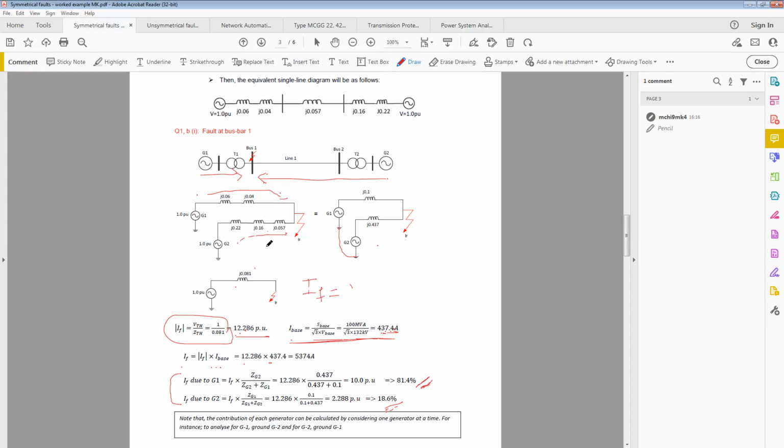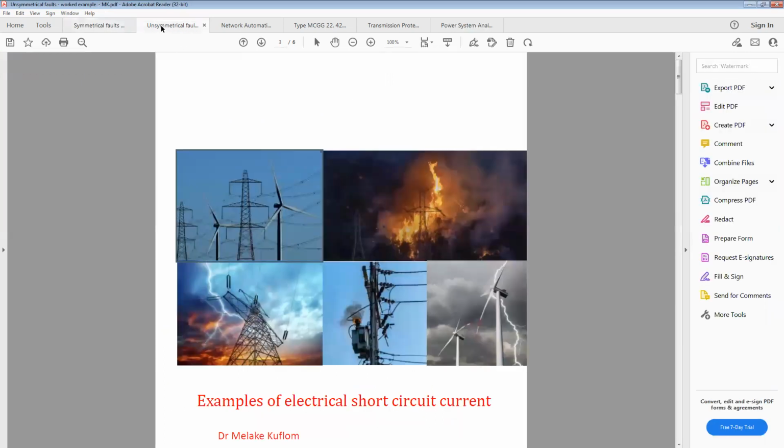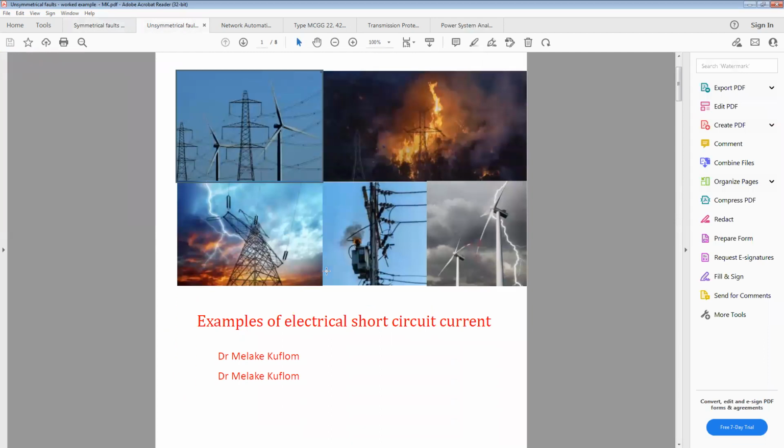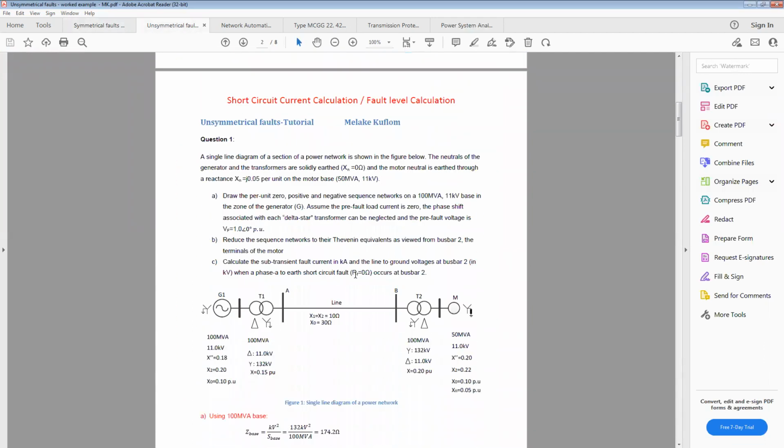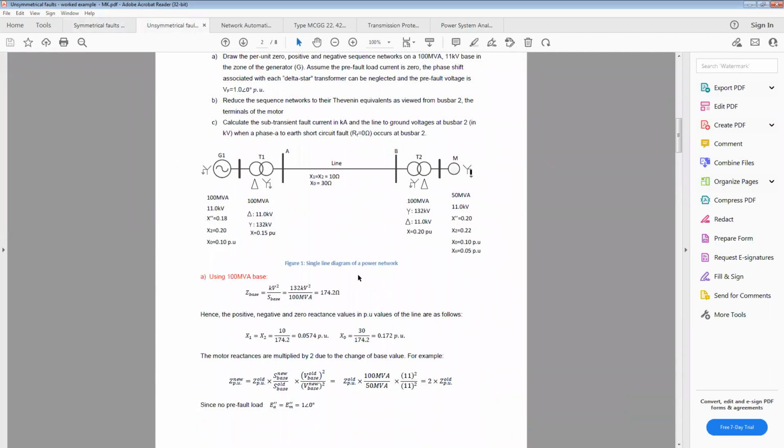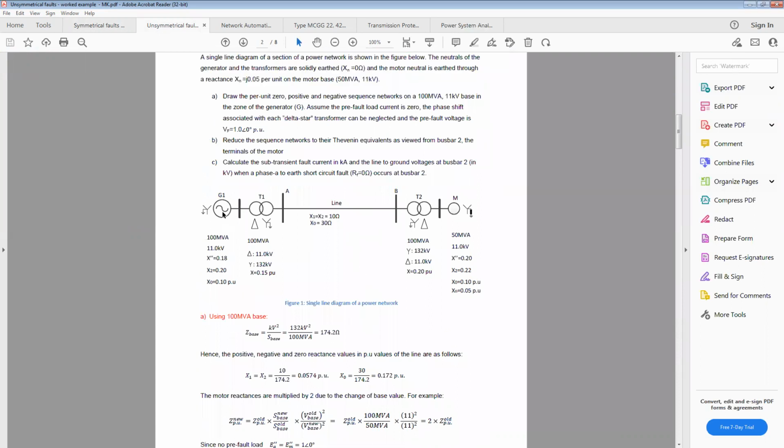And now if we compare to unsymmetrical fault current, that is when we have a generator, transformer, transmission line with some earthing on the star point of the transformer.